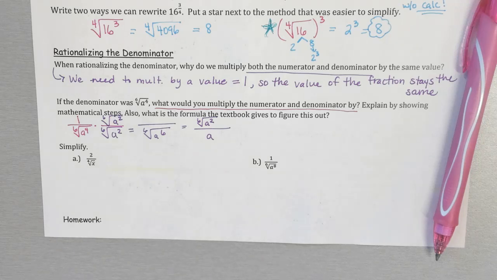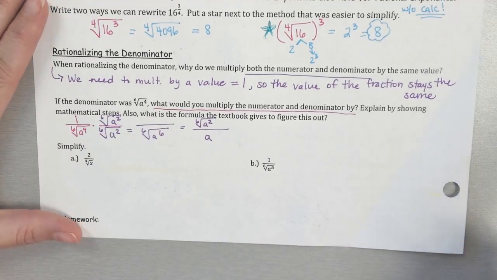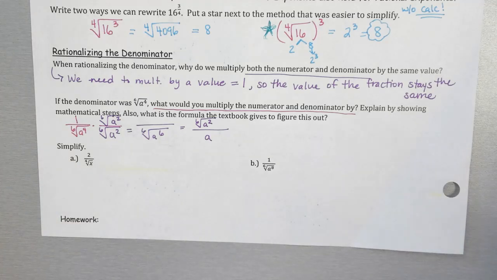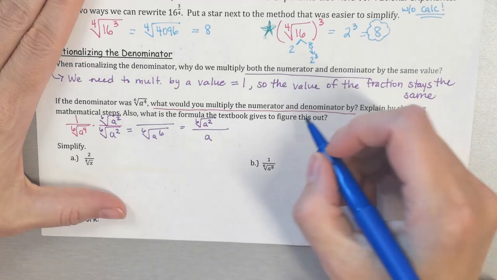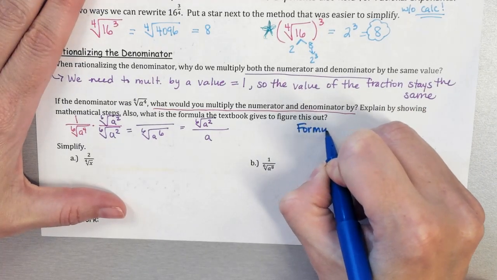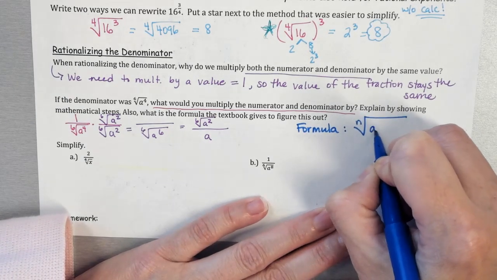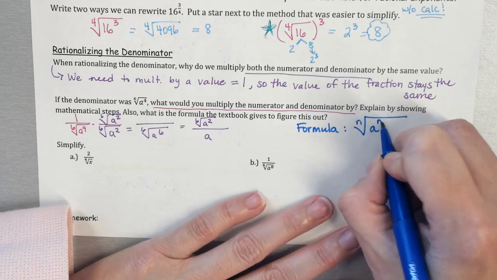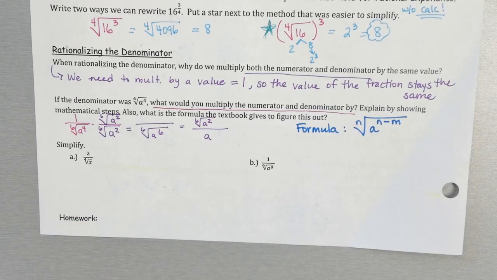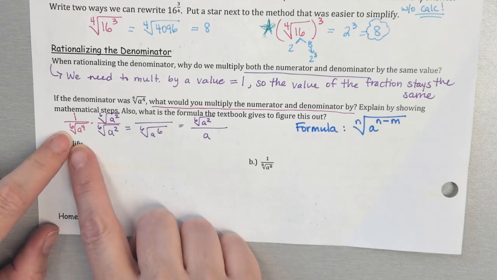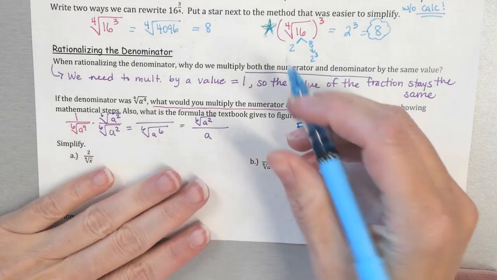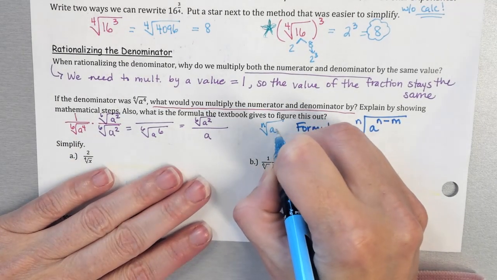Now, if you are having trouble figuring that out, the book gives you a formula that you can use. You can multiply by the nth root of a to the power of n minus m. We'll talk about what those are in this example. This would be the nth root of a to the m power.